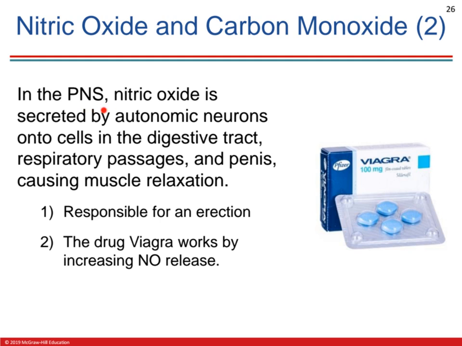In the peripheral nervous system, nitric oxide is secreted by autonomic neurons onto cells of the digestive tract, respiratory passageways, and in the penis, and it causes muscle relaxation. So nitric oxide is responsible for an erection, and the drug Viagra works by increasing NO, or nitric oxide, release.